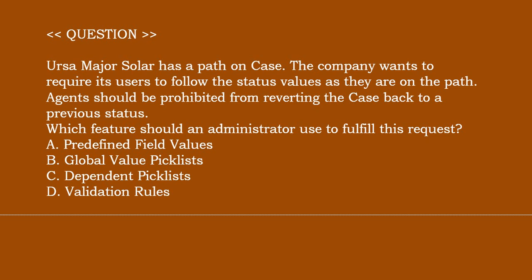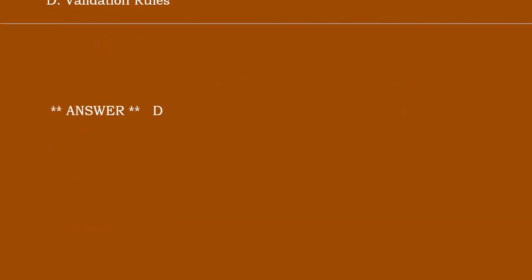Option A, predefined field values. Option B, global value picklist. Option C, dependent picklist. Option D is validation rules. Correct answer is option D.